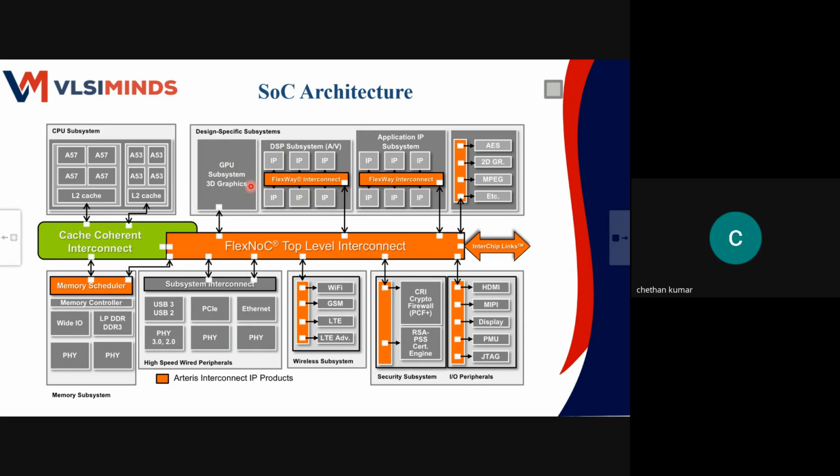And as per your requirement and necessity, some GPUs are going to be used. GPU means graphical processing unit. This GPU is going to control the resolution of your system, what quality of picture you would like to see on the monitor, and what type of pixel format you would like to use.